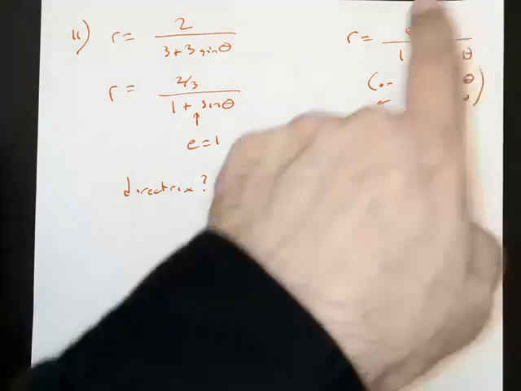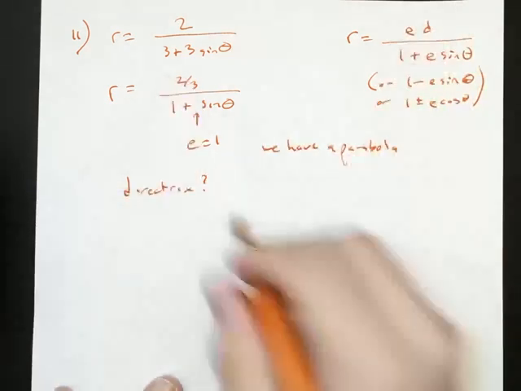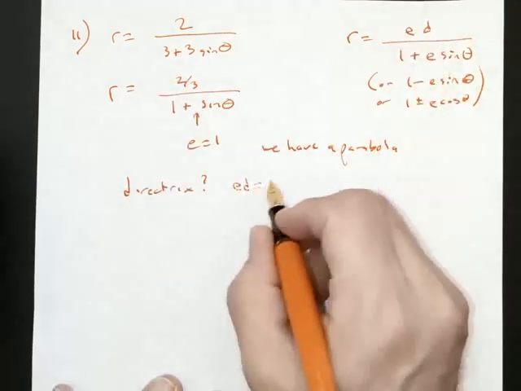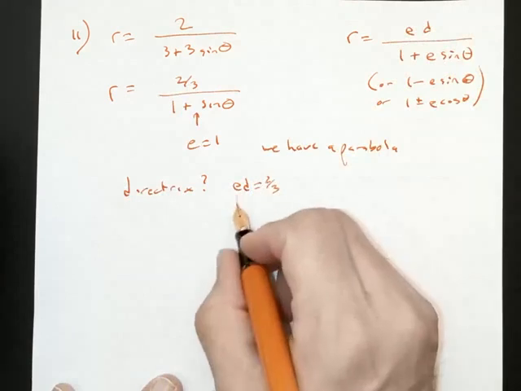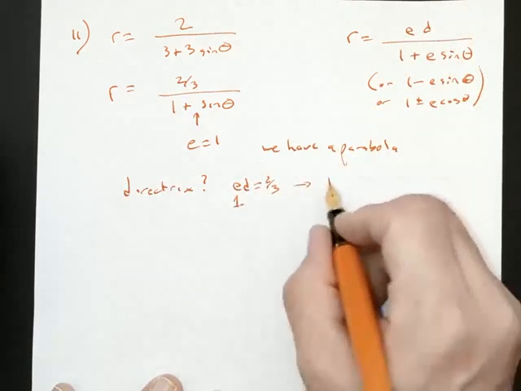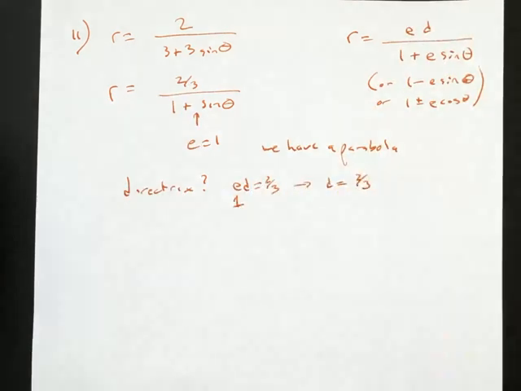Because the top of my fraction in standard form is E times D. But that's just a number, and the directrix is a line. So it's either x equals or y equals, and the question is, which is it?